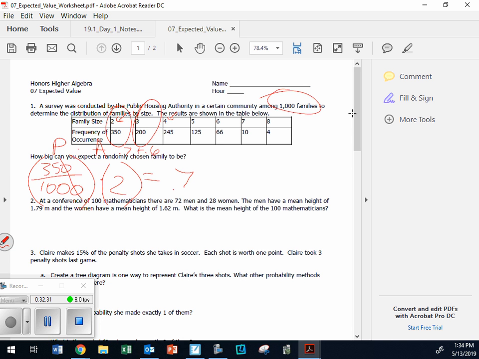That's 0.04 times, I'm sorry, 245 out of 1,000. 245 out of 1,000, and then I times it by 4. I got to pause while I use that calculator. All right, came out to 0.98 for this one.